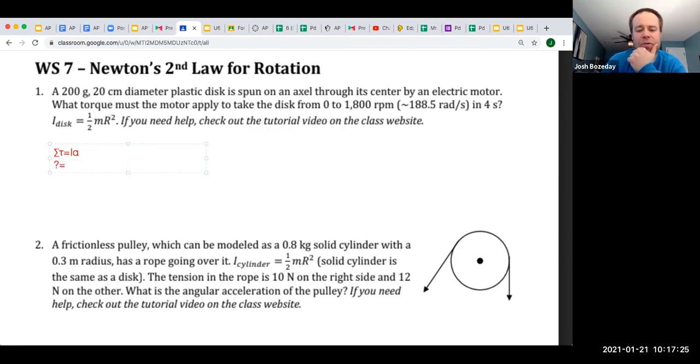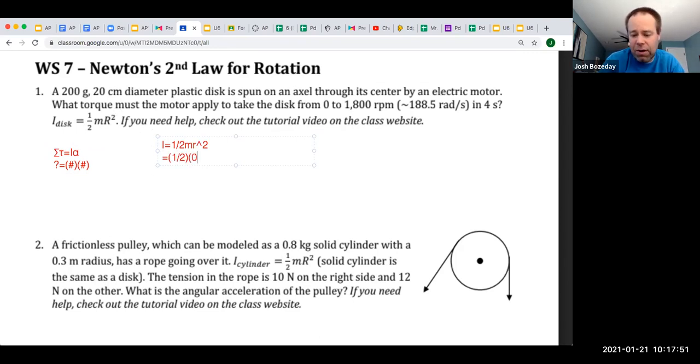So we need to come up with those two things. I'm going to start over here by finding a value for rotational inertia. I of the disk is equal to 1/2 mr squared, okay? So that's going to be 1/2 times the mass, which is 200 grams.